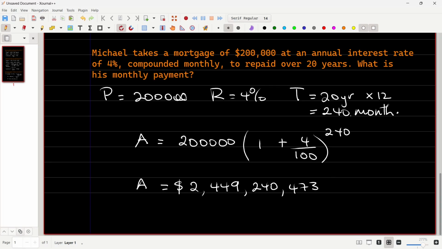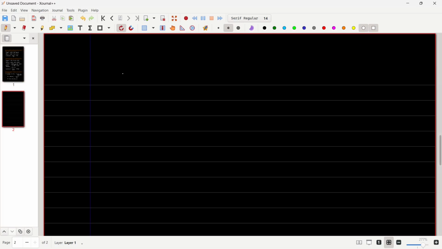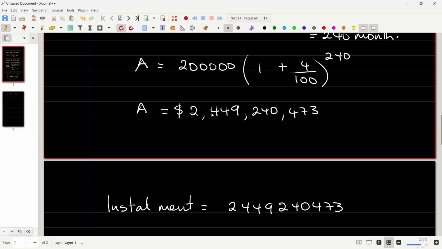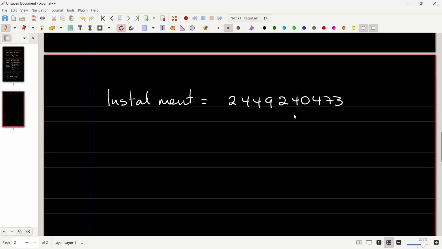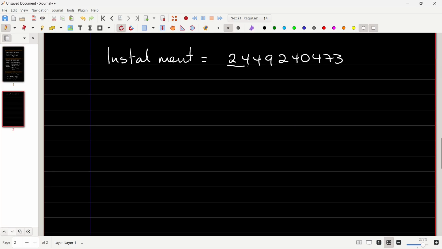Let's figure out what his monthly payments are going to be. So the installment would be equal to that 2,449,240,473, and then we divide it by 240.